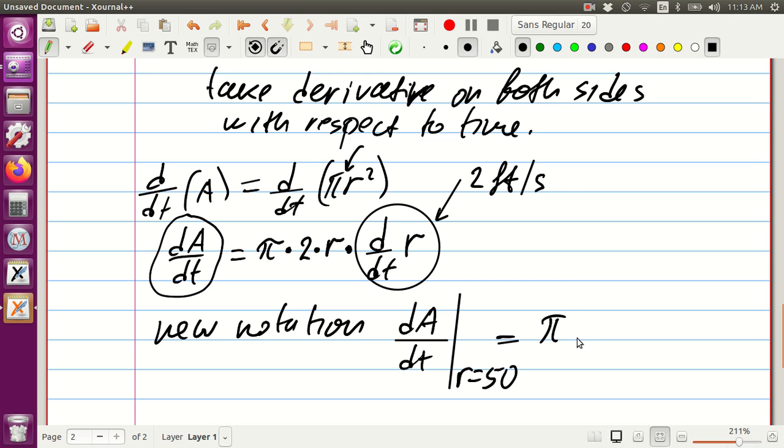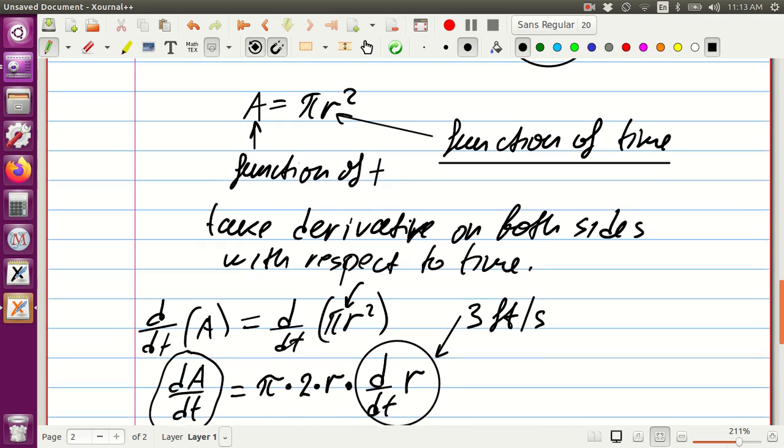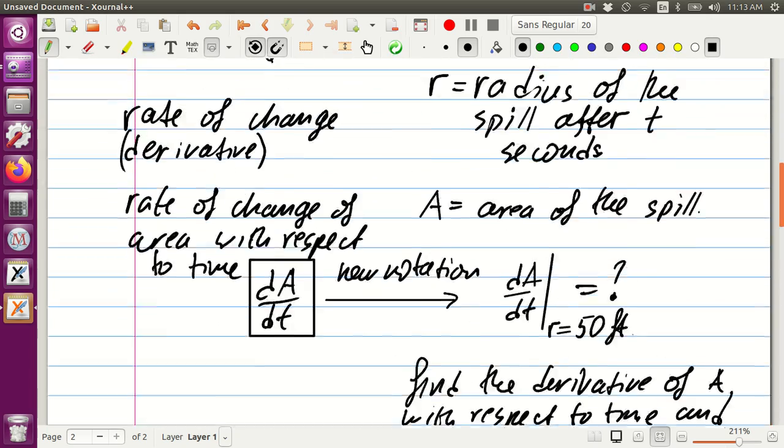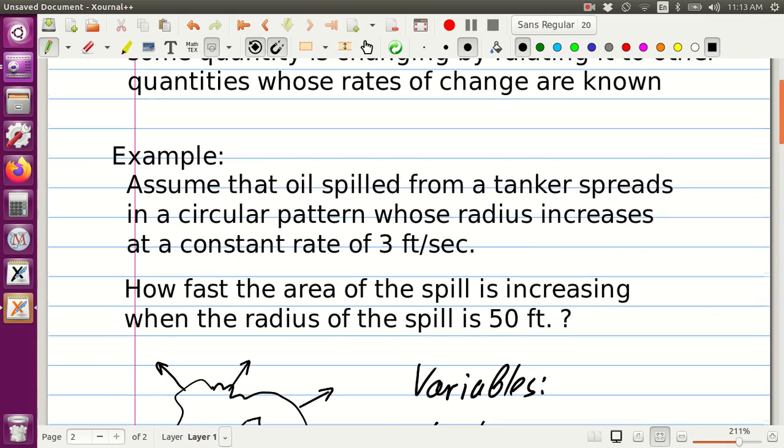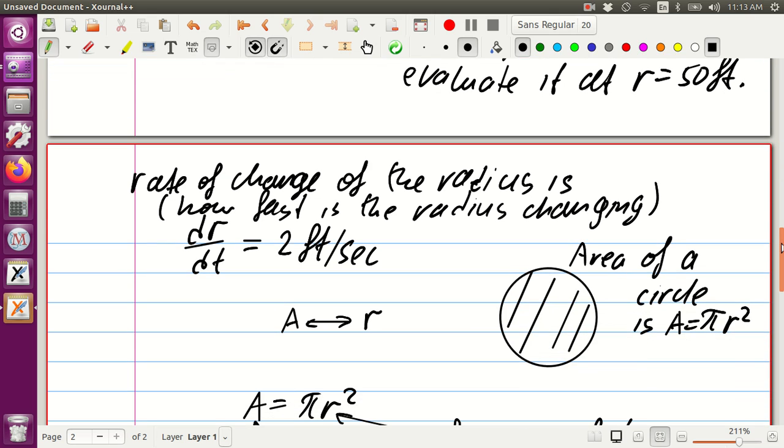So we get pi times 2 times 50 times dr dt, which is equal to, I said 2, but it should be 3. Let me go back and check. 3 feet per second, sorry, I made a mistake, so I'll fix it.